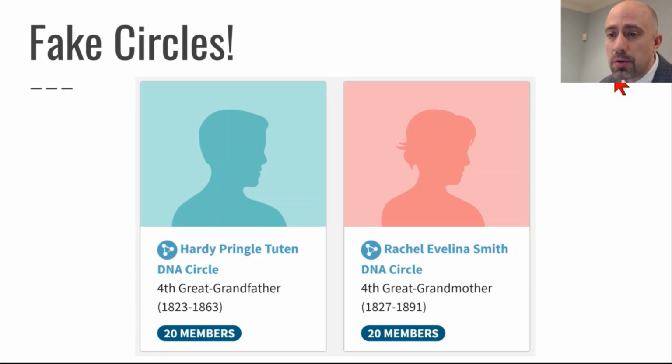One more example, fake circles. These circles are really completely fake. They came about as a result of a hypothesis that I briefly explored. So I still don't know the parents of my second great-grandfather, David Peoples.